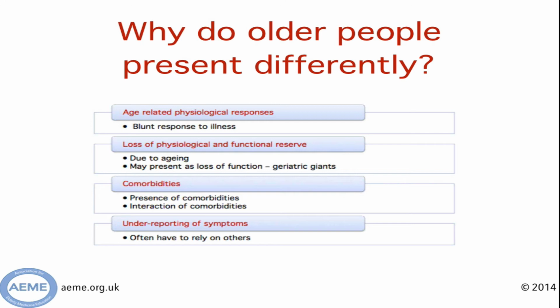Secondly, there is a loss of physiological and functional reserve in frail older people, and illness may present as a so-called geriatric giant: falls, incontinence, confusion and immobility. Thirdly, old people are much more likely to have other co-morbidities which interact and affect the presentation picture. And finally, older people often underreport symptoms and more often have to rely on the caregiver for the history.